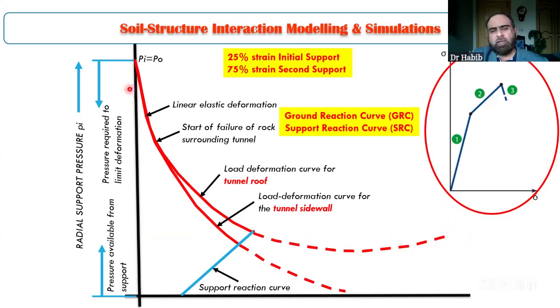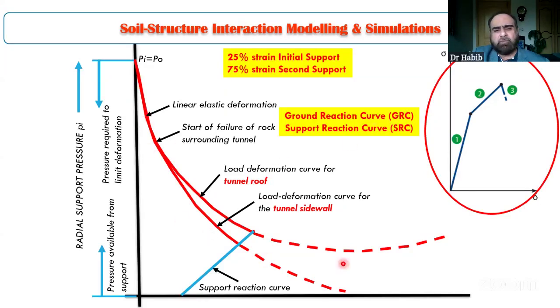So we don't have to do something over here, and we don't have to wait till this time. We have to act in the most economical and most appropriate manner, and provide our support at some time in between over here. This is how we'll have an economical and most practical solution.